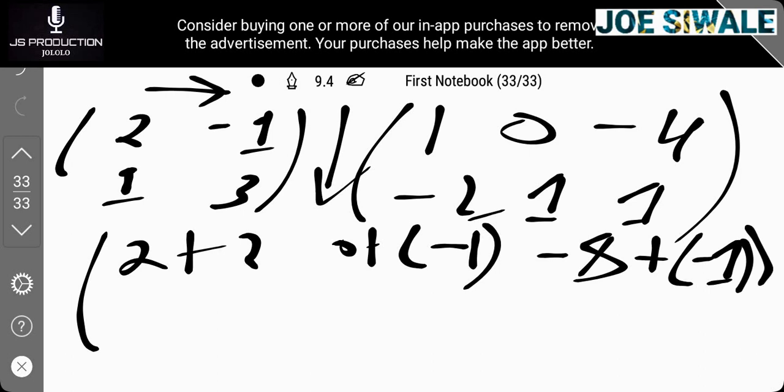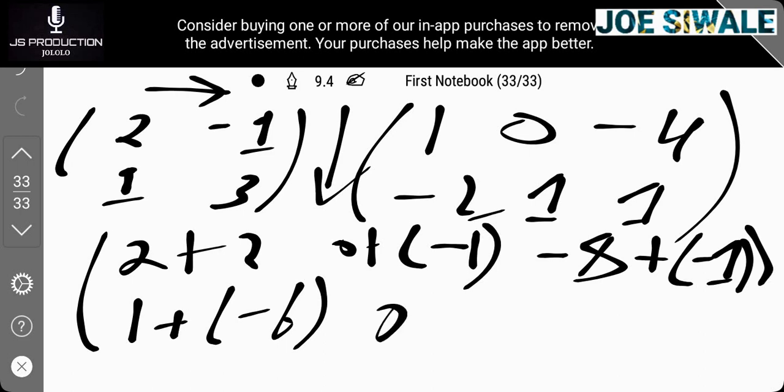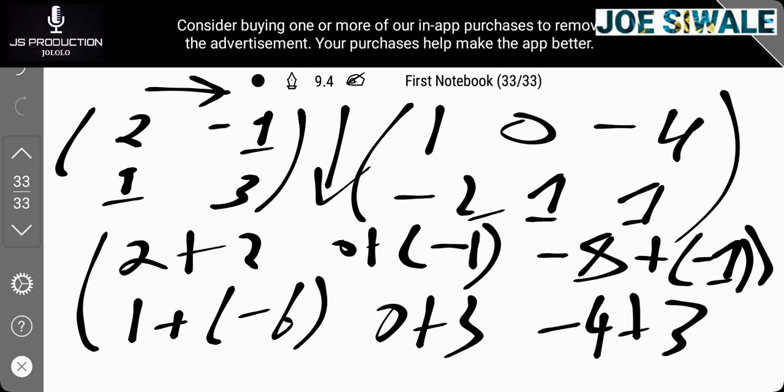Then 1 multiplied by 1, that's 1, 3 multiplied by negative 2, that's negative 6. 1 multiplied by 0, that's 0, then 3 multiplied by 1, that's 3. 1 multiplied by negative 4, that's negative 4, 3 multiplied by 1, that's 3.